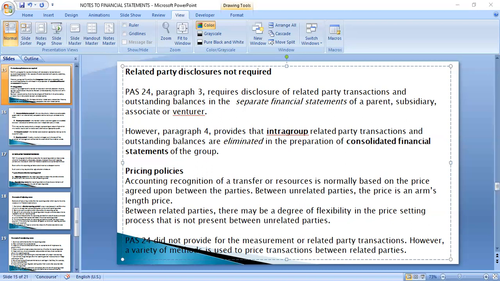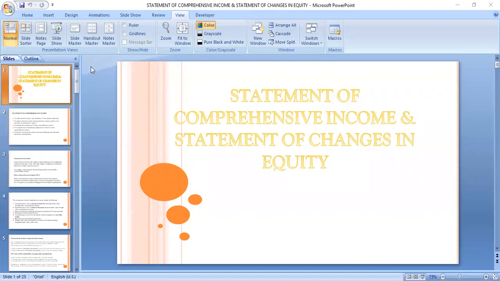Okay? Now, after this, we go to statement of comprehensive income. Statement of comprehensive income is already contained in chapter 4, including its definition, components of other comprehensive income, separate income statement, forms of income statement, and single statement of comprehensive income.